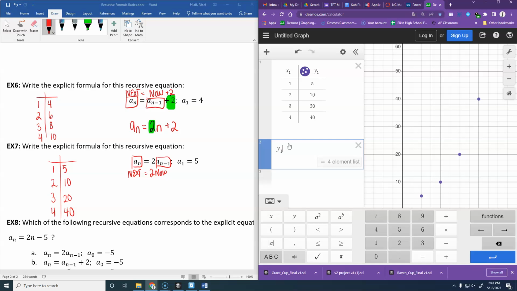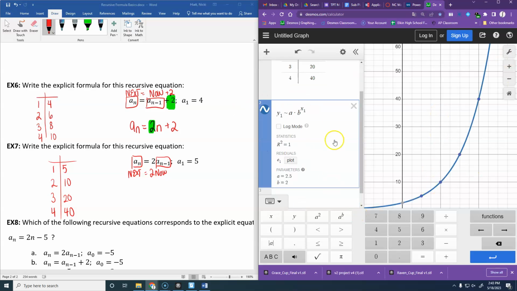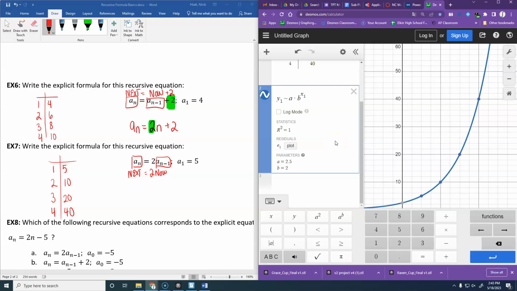So I would just go straight to y equals a times b to the x power. There's our line. Our a is 2.5, and our b is 2. And instead of doing x power, we'll do n power. We'll call this a sub n equals.